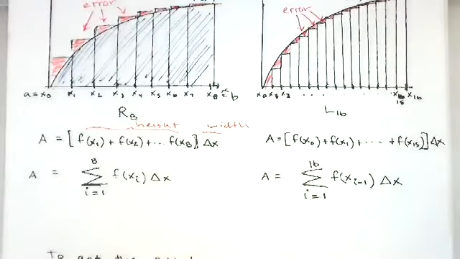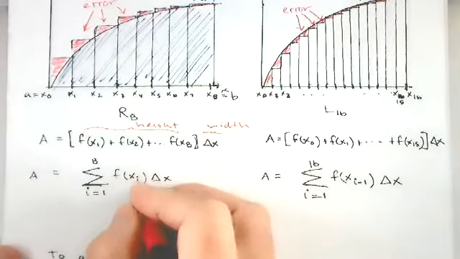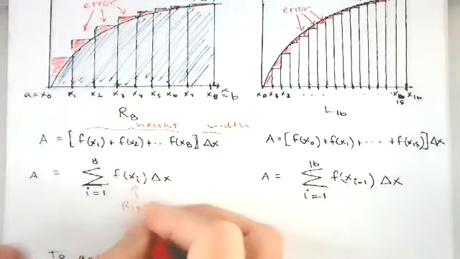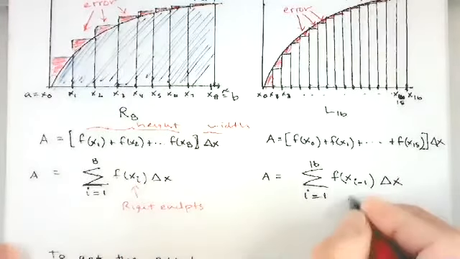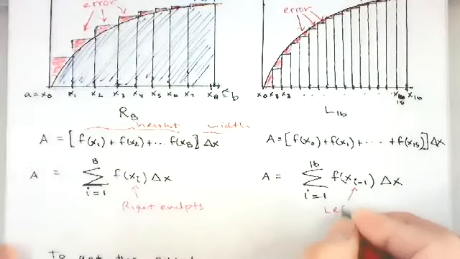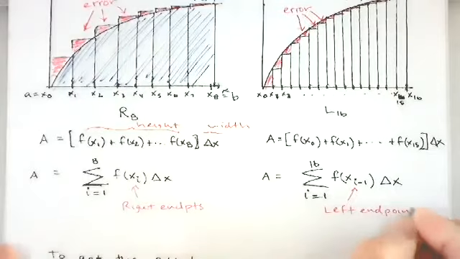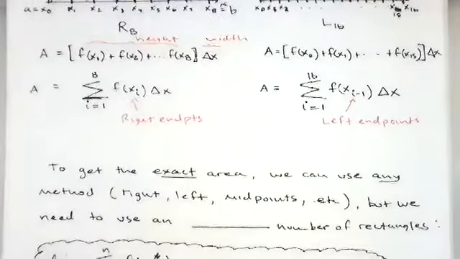So there is a slight difference: when you're using x sub i, that stands for right endpoints. x sub i minus 1 is left endpoints. Of course, we've talked about midpoints, but we're not going to really get into that so much when we start to go for the exact area.